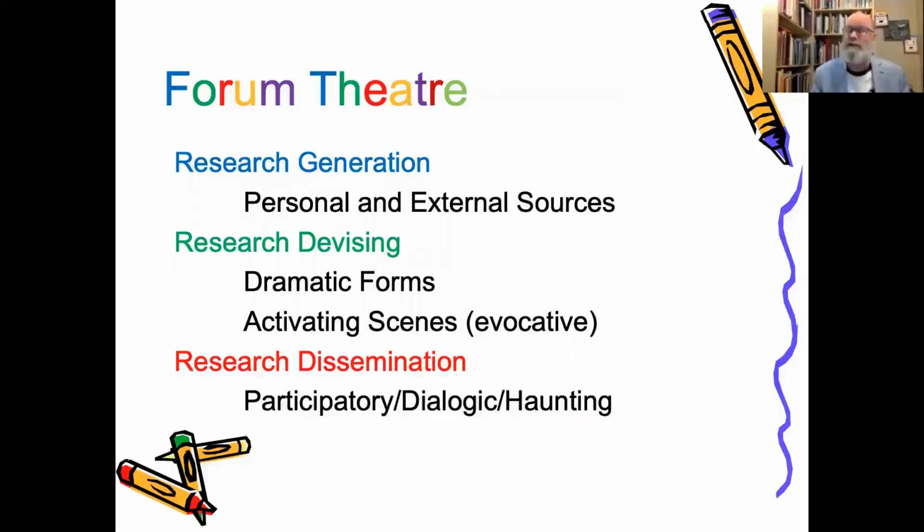So the scenes are constructed with that in mind. And then the research dissemination is meant to be participatory, dialogic, and not reaching conclusions, but we would like our audiences leaving haunted.